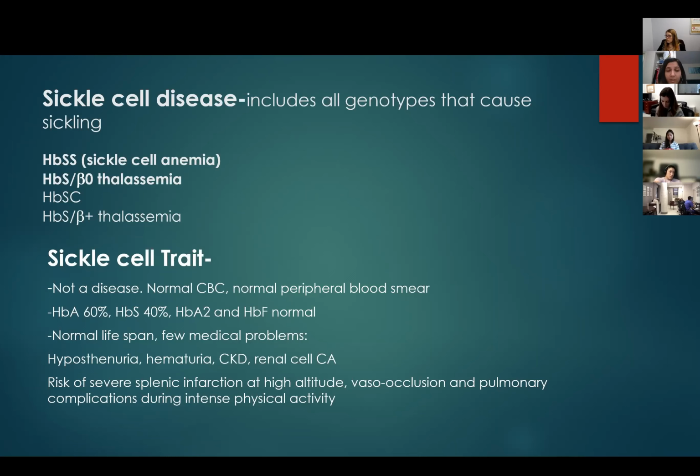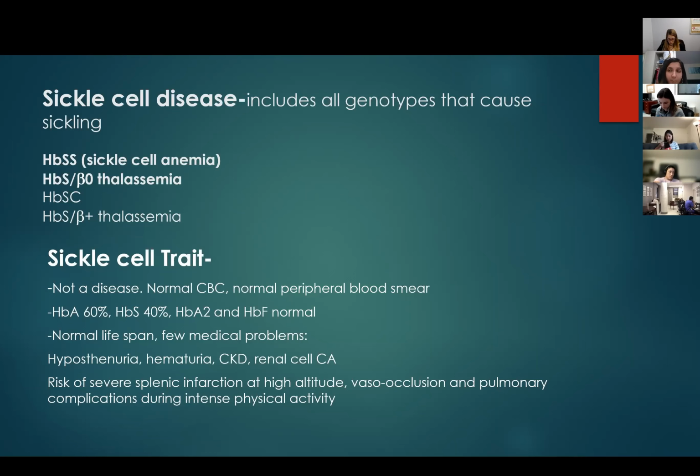These patients have normal lifespan, but they're predisposed to some medical problems, and these are typically renal complications. So they can have hyposthenuria, which means decreased ability to concentrate urine. They can have hematuria. They're at increased risk of CKD, which is 2 times higher than the general population.